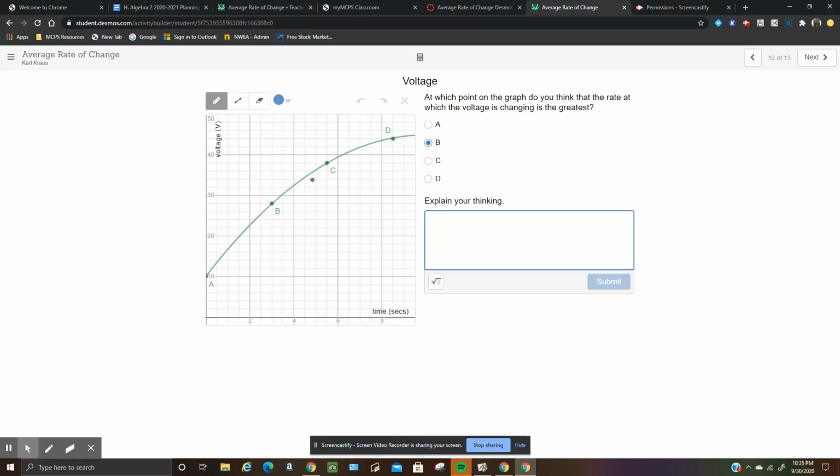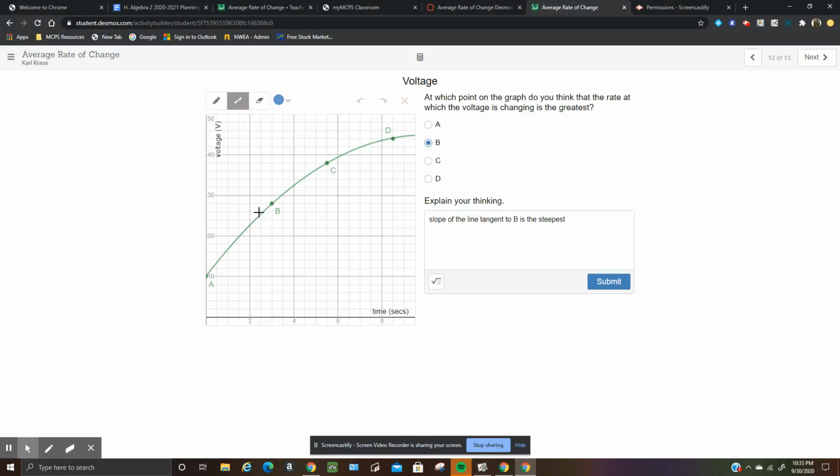So the slope of the line tangent to B is the steepest. Tangent means it just touches it.